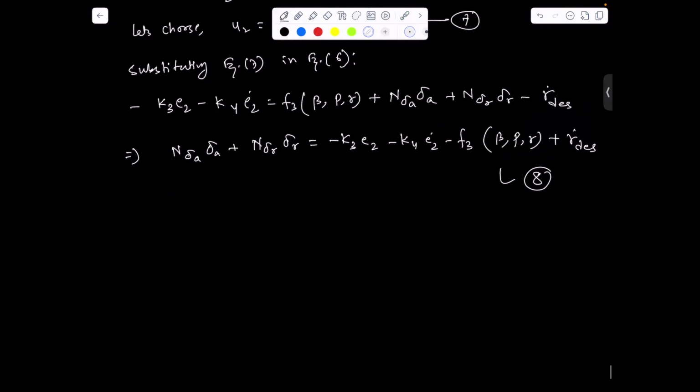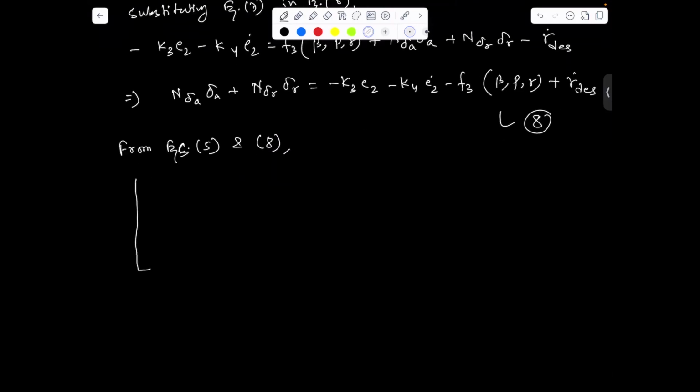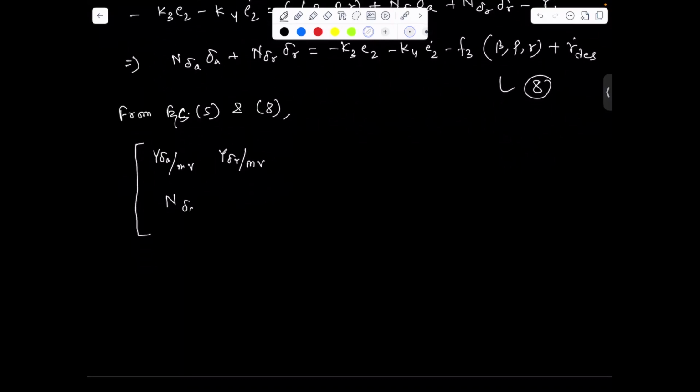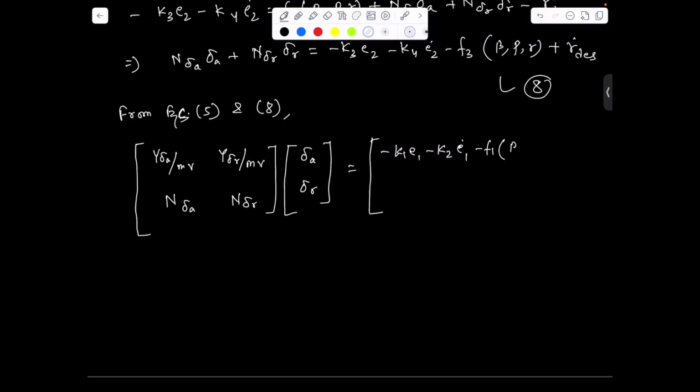So we can write Y delta A by MV, Y delta R by MV, divided by N delta A, N delta R, into delta A, delta R, equal to, we can write the control part, minus K1 E1 minus K2 E1 dot and minus F1 beta PR plus beta dot desired.